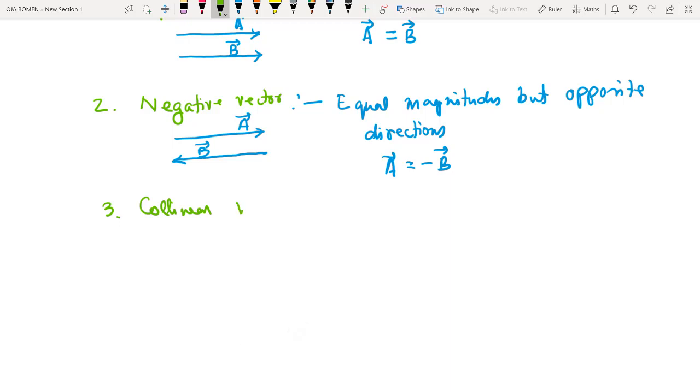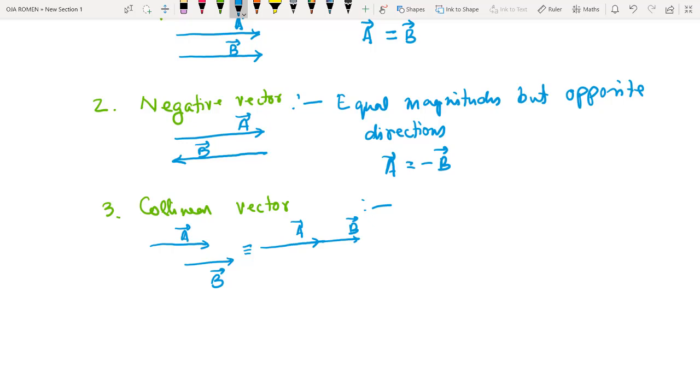Collinear vectors. We have two vectors A and B. So this we can draw as A, B. So collinear vectors are vectors in the same directions.